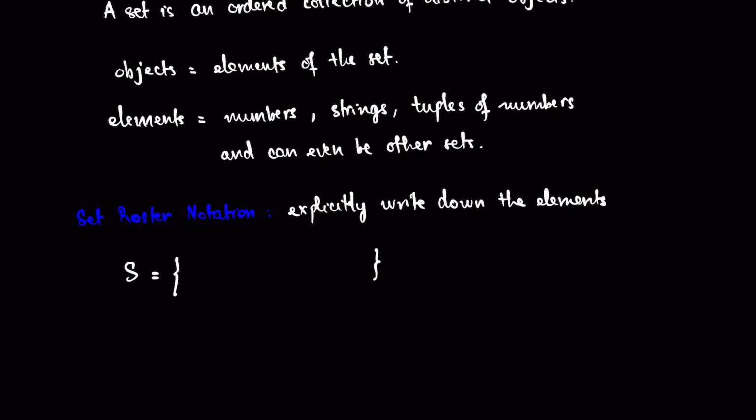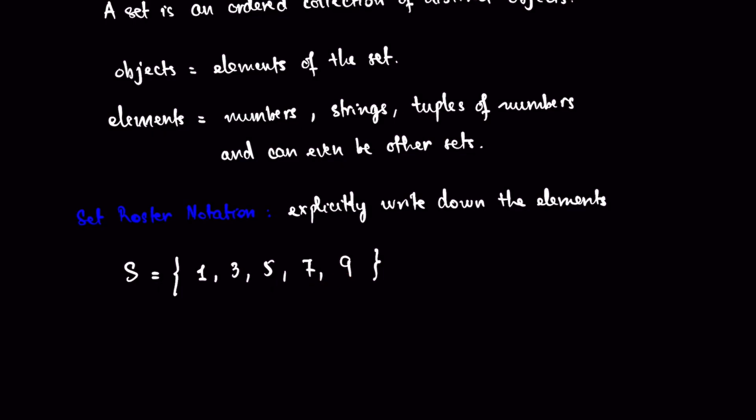In this case, the set S consists of the following elements. Let's say the set S consists of 1, 3, 5, 7, 9. So the set S is written as follows: capital letter, equal sign, two curly brackets, and the elements that you want to explicitly write down. In this case, you have 1, 3, 5, 7, and 9.